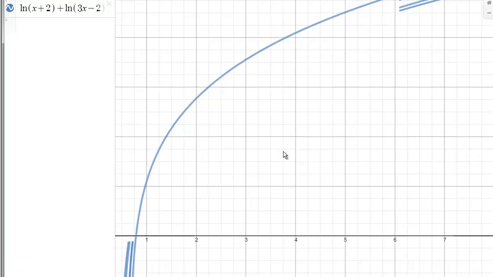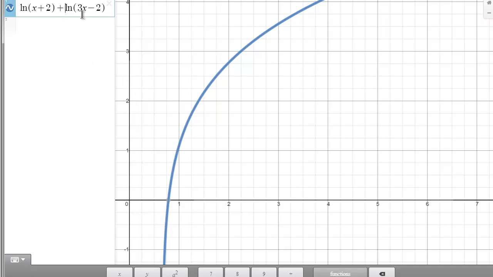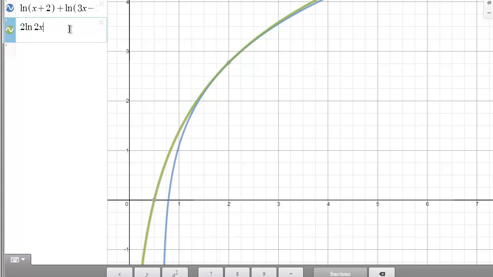Let's get a good look at this. So it appears to have an asymptote, about a half. Nevertheless, on the right-hand side, it's 2 natural log of 2x.